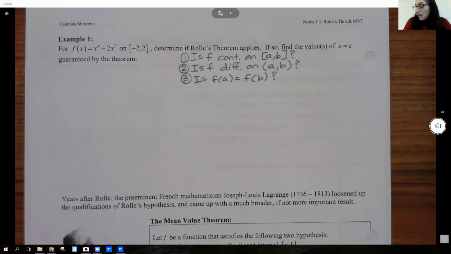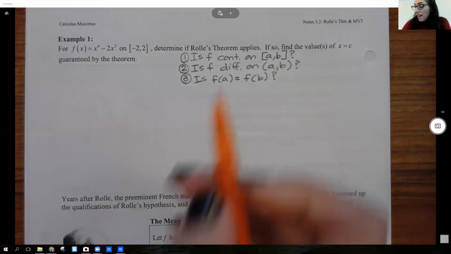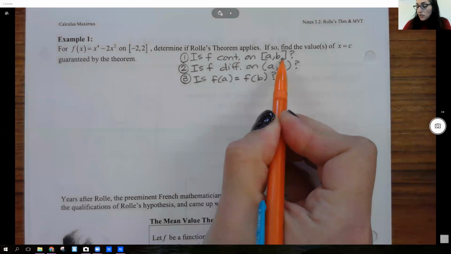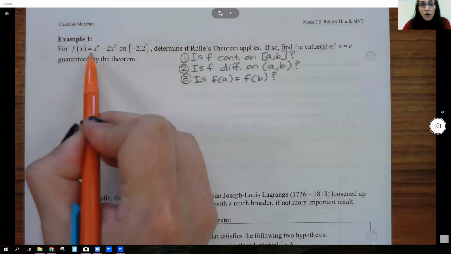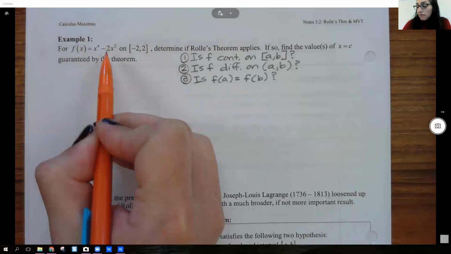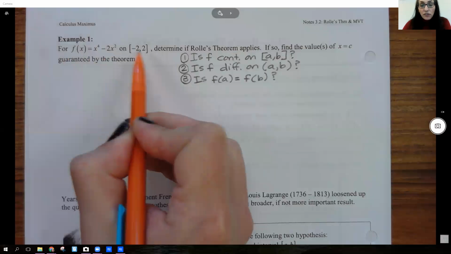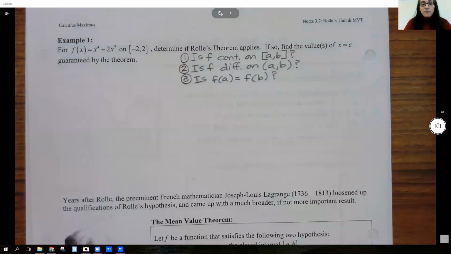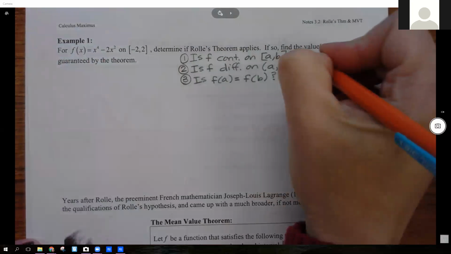So let's look at it. Is f continuous on the closed interval from A to B? So knowing what you know about functions and given this interval, is the answer to that yes or no? Yes. Good. That's a yes.